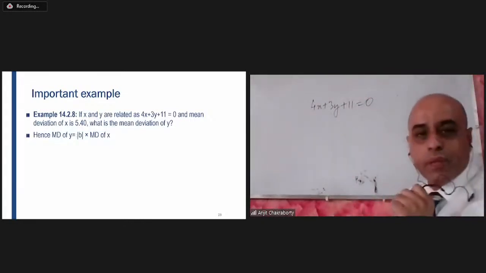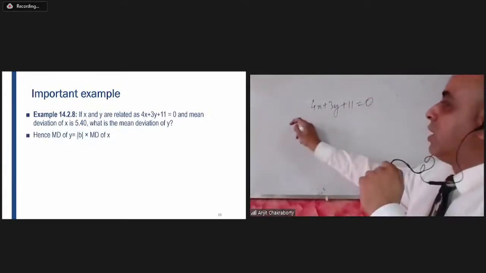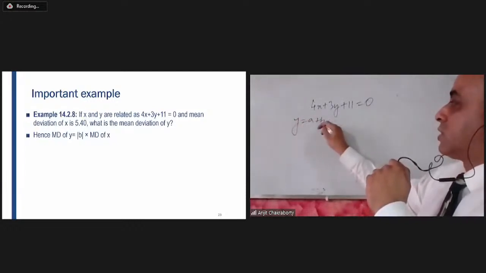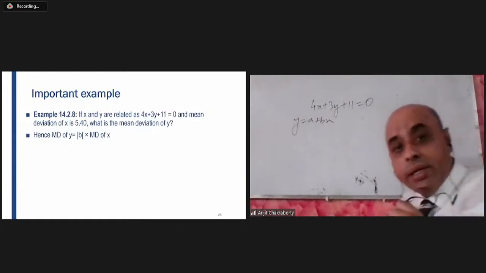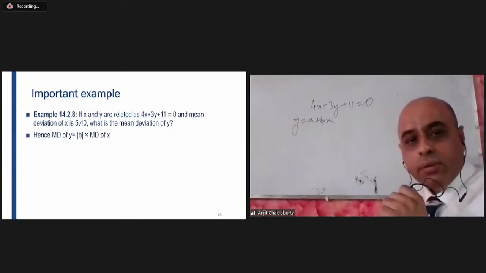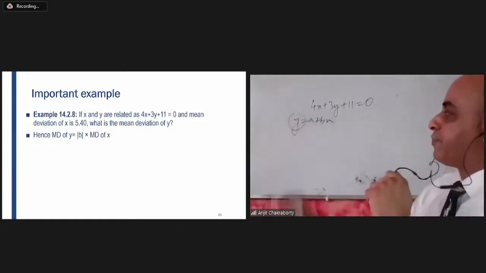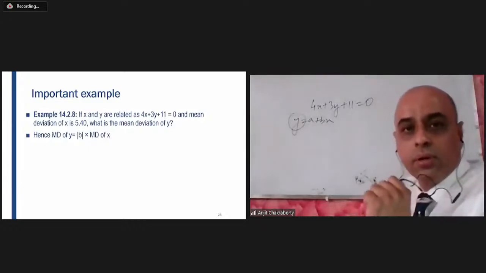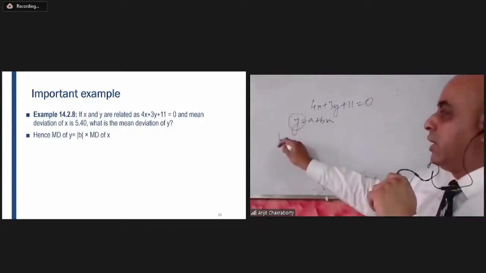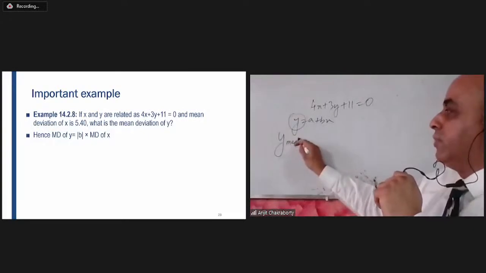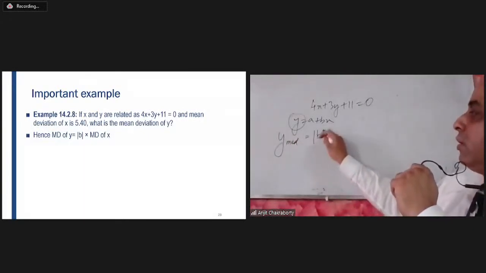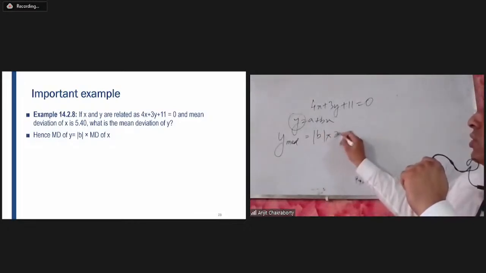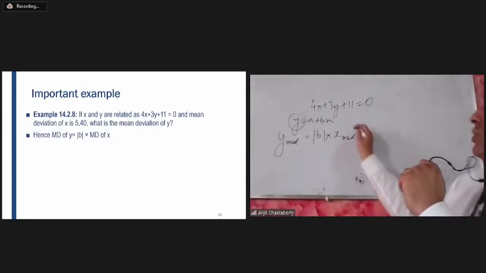Please note, we know the formula is y equal to a plus bx. Mean deviation of x is given, and you have to find the mean deviation of y. The formula for the mean deviation of y is equal to b into the mean deviation of x. This is the formula.